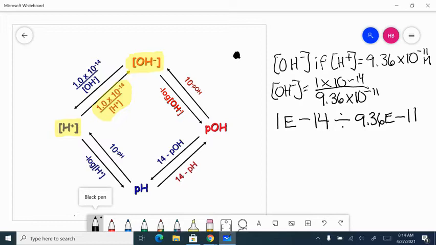So it's 1 exponent minus 14 divided by 9.36 exponent minus 11. And I get an answer for the concentration of OH minus of 1.44 times 10 to the minus 5.